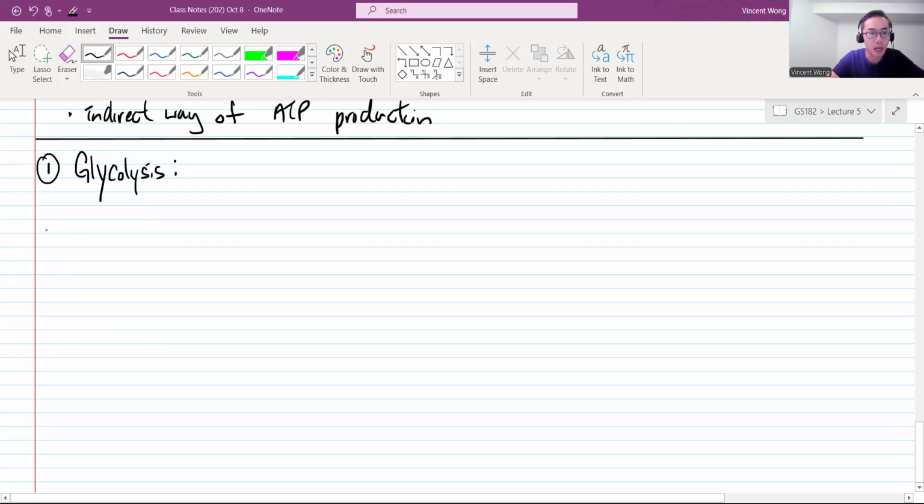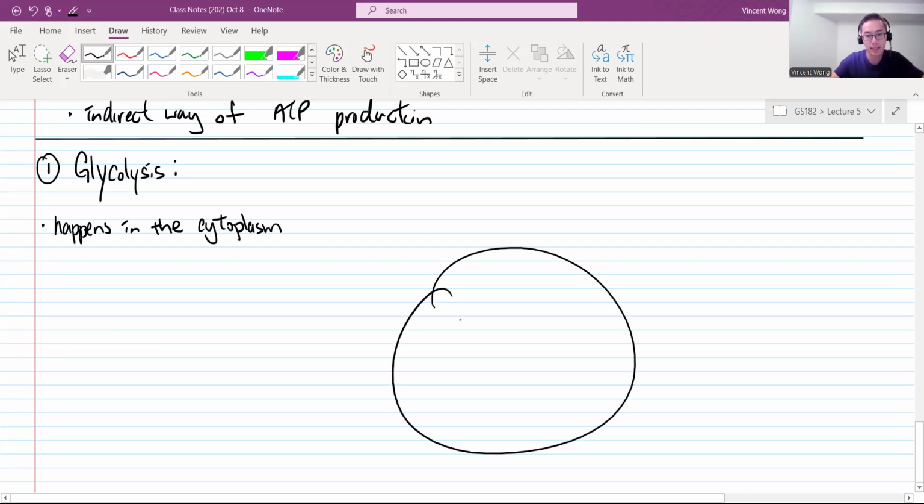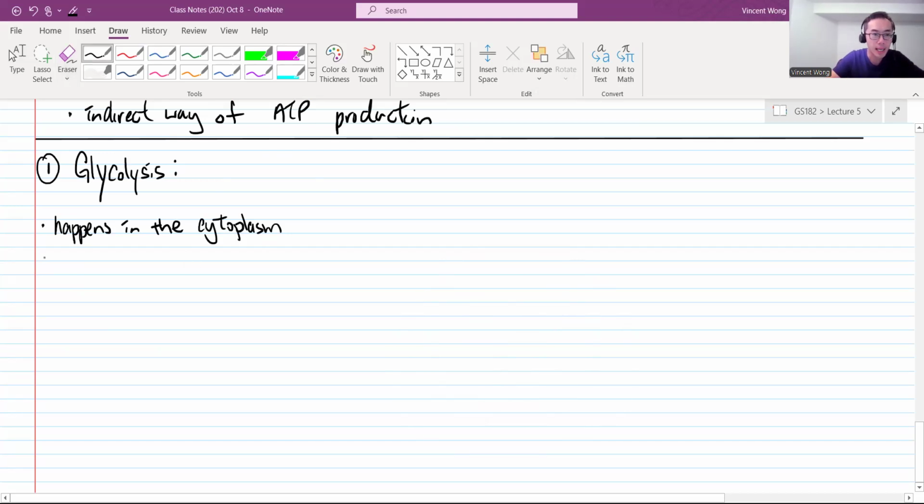So glycolysis happens in the cytoplasm. Like this is the cell, nucleus, and then all this stuff over here, that's the cytoplasm, right? So it happens in the cytoplasm, and it is anaerobic, meaning it does not require oxygen.